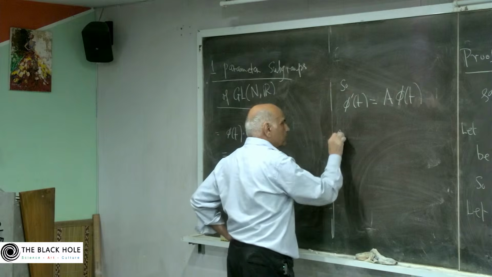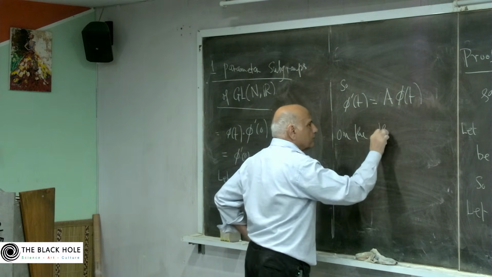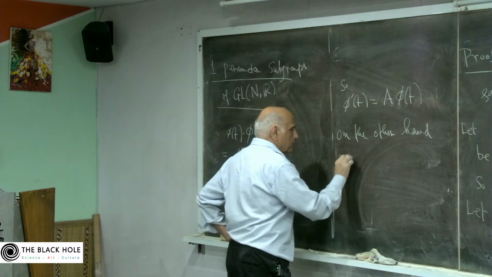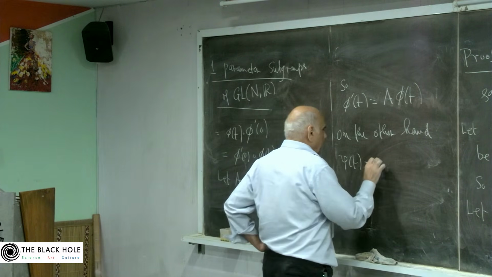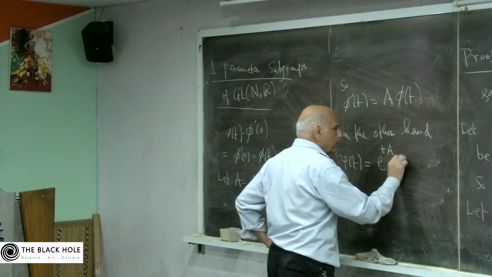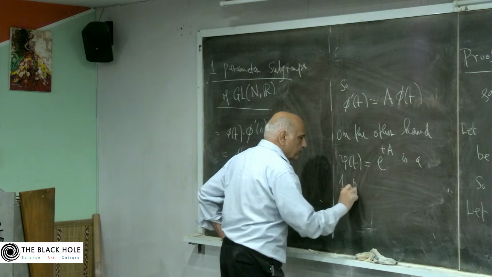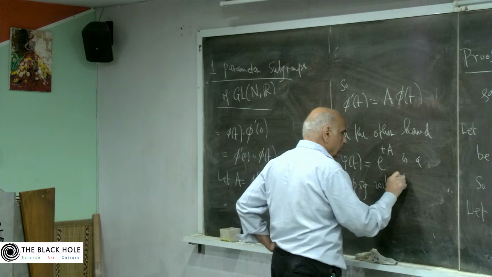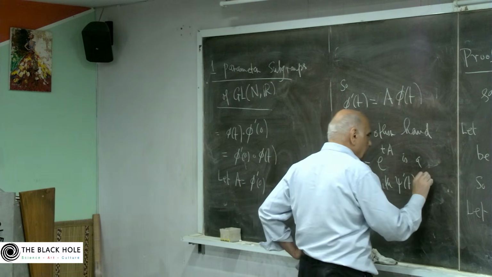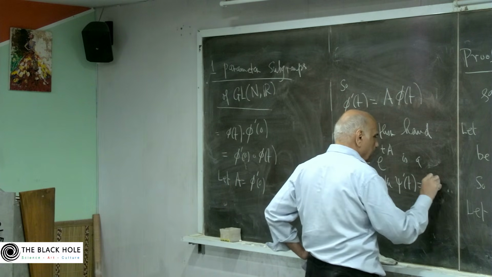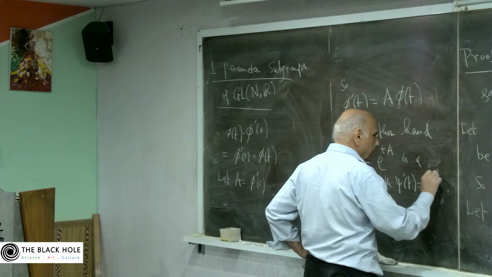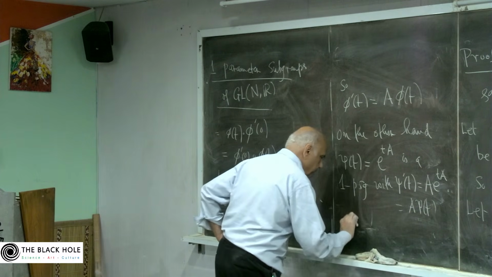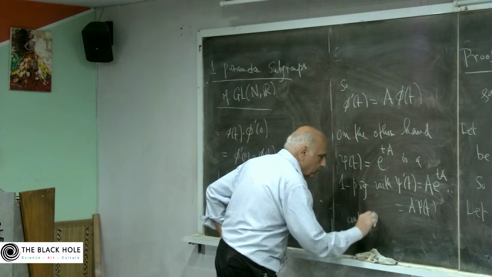On the other hand, if f of t is equal to e to the power of tA, it is a one parameter subgroup with f prime t equal to A times e to the power of tA, which is equal to A times f of t, and f of 0 is the identity.